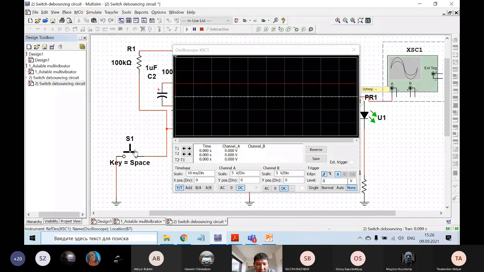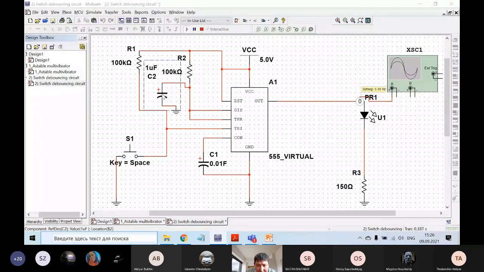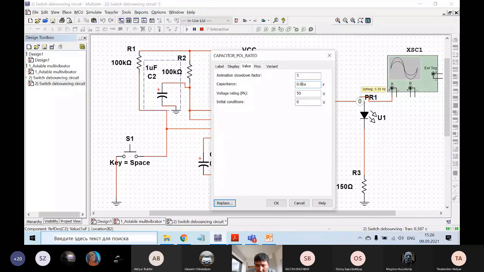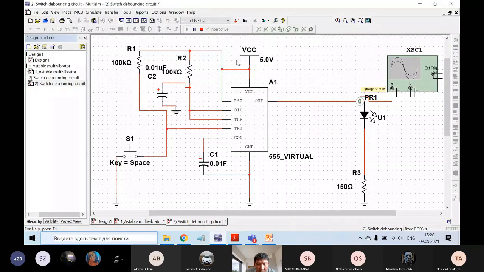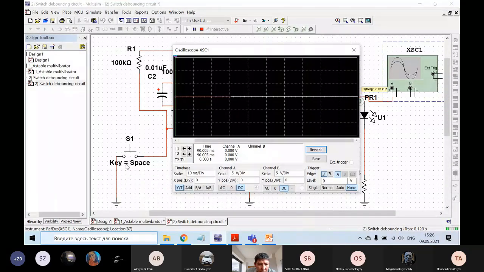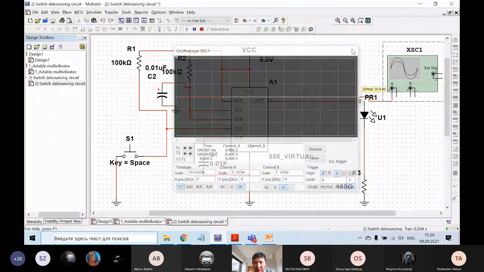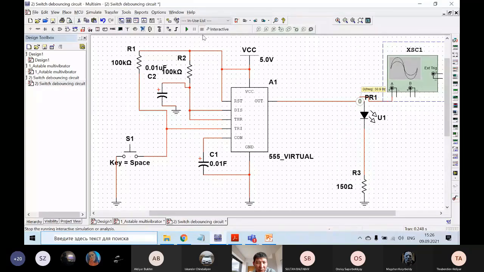Oh, here you can see, right? You have a real delay. Can you see? Yes. So by adjusting this capacitor, we can really see this delay. Okay, so nice. So tomorrow in the lab you will try to assemble the circuit and simulate it, try to change some values and see how the system behaves.